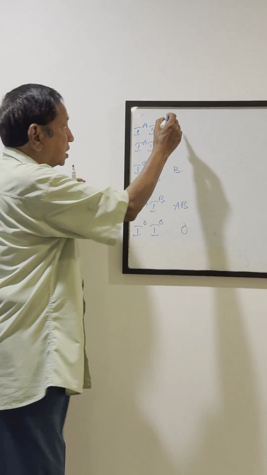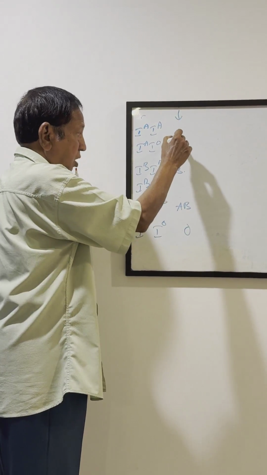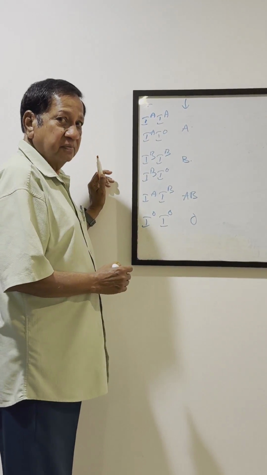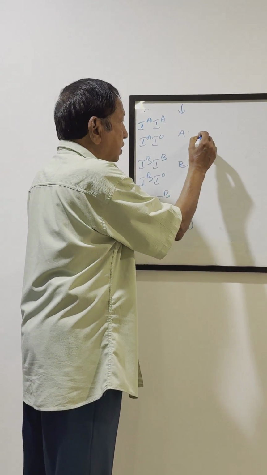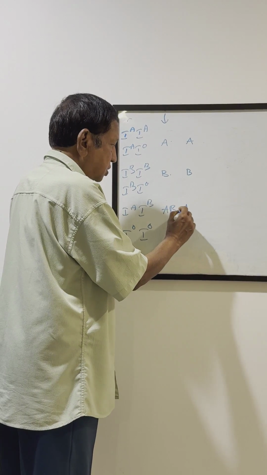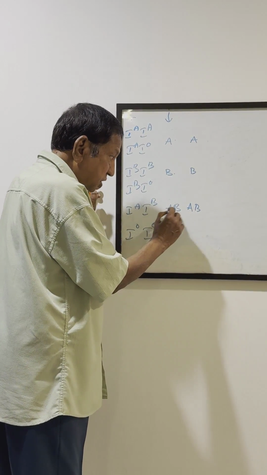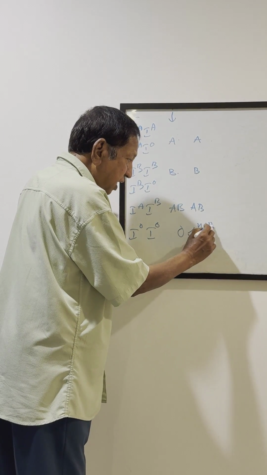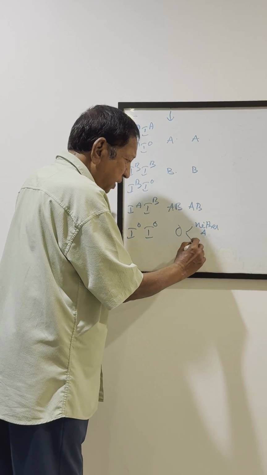Now altogether there are four phenotypes and six genotypes. This is the one which contains the antigen A, this contains B, this contains AB, and this contains neither A nor B.